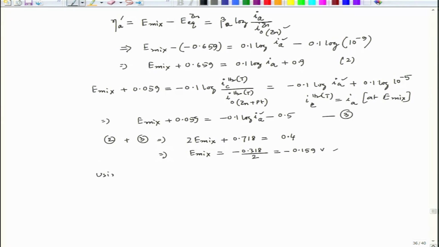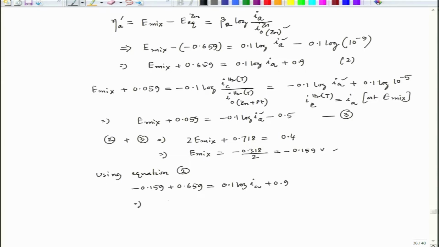Using equation 2, I put those values: minus 0.159 plus 0.659 equal to 0.1 log of I_A plus 0.9.